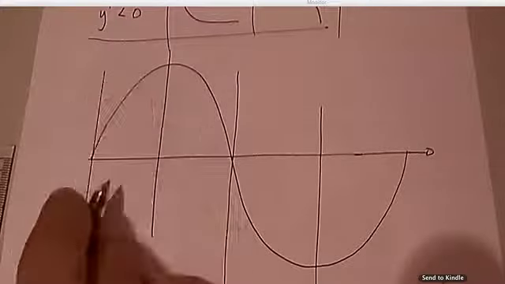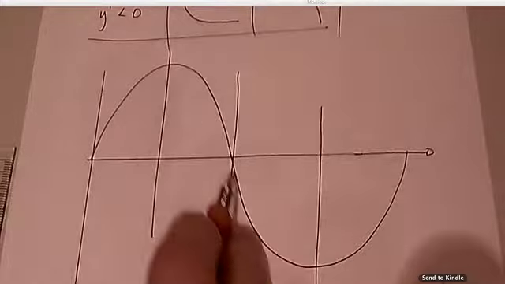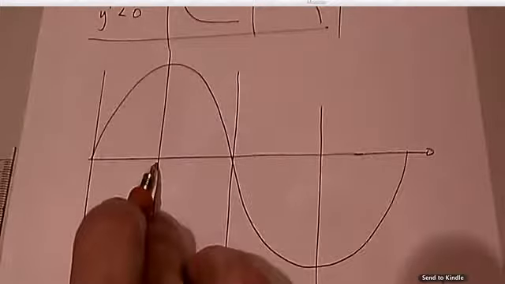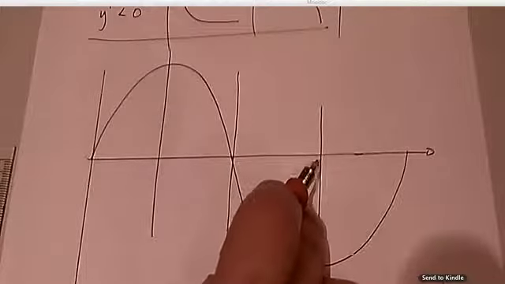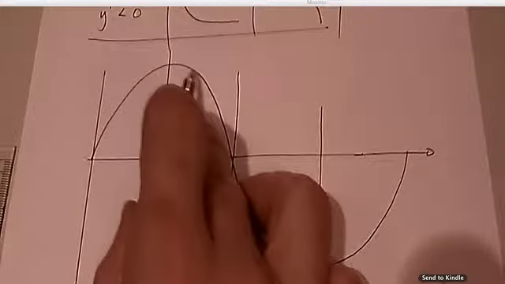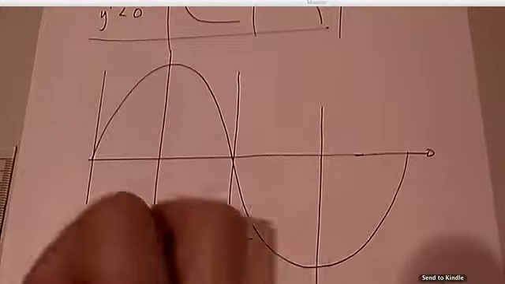If this is the parent of the sine functions, the sections are 0 to pi over 2, pi over 2 to pi, pi to 3 pi over 2, and 3 pi over 2 to 2 pi. This is a full period, and it's periodic, so it'll continue as it goes forward.